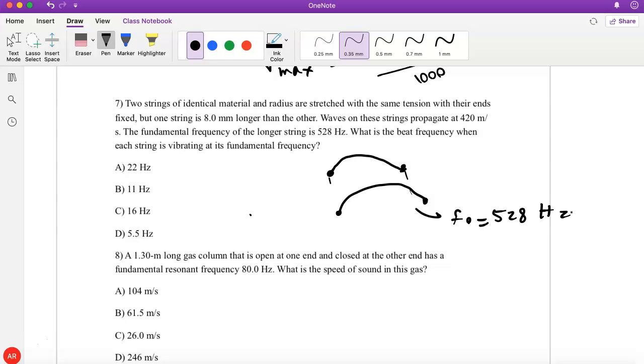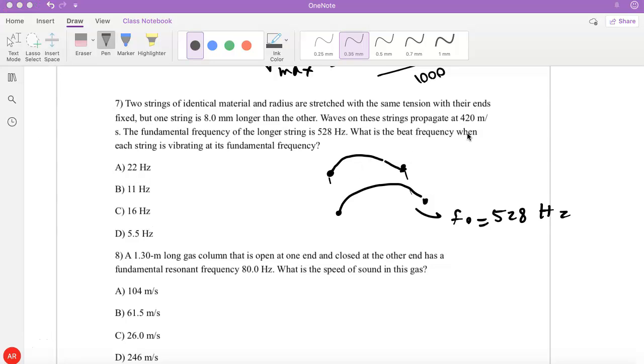So we want to figure out the fundamental frequency of this other one, and then their difference is the beat frequency. Okay, so let's think a little bit about this.